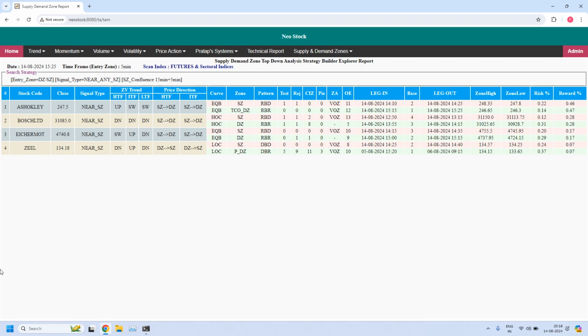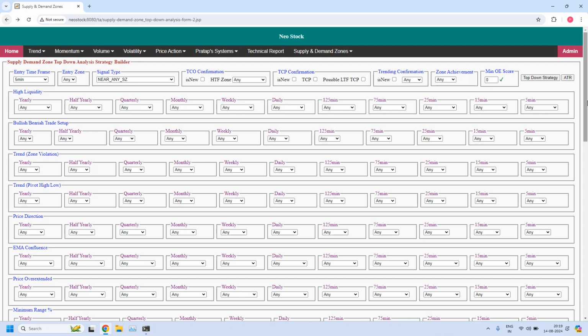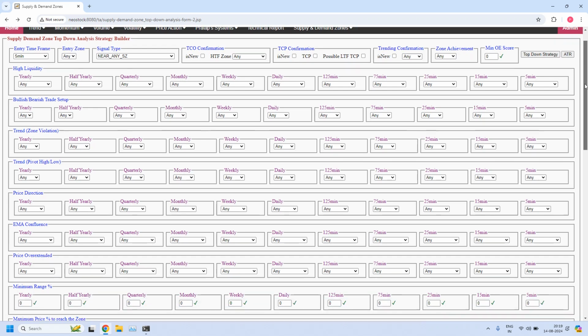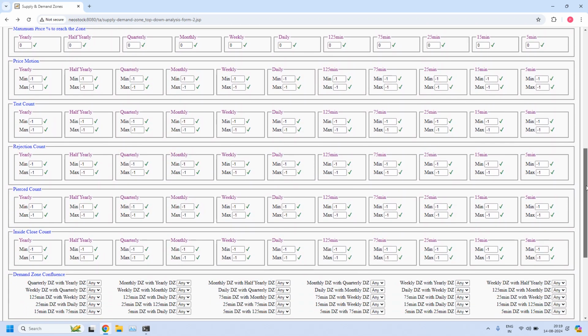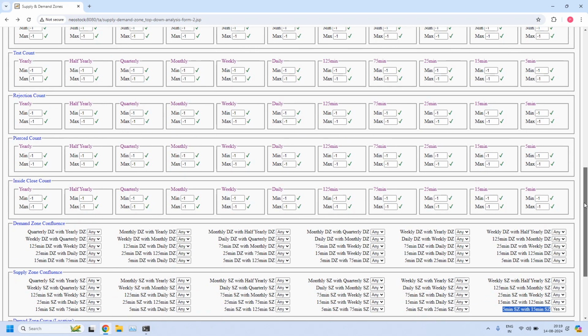Now let's verify out of these 4 stocks, how many are having confluence even with HTF time frame, that is 75 minutes time frame. That means we should look for 5 minutes, 15 minutes and 75 minutes, all the 3 confluences. Supply zone confluence.